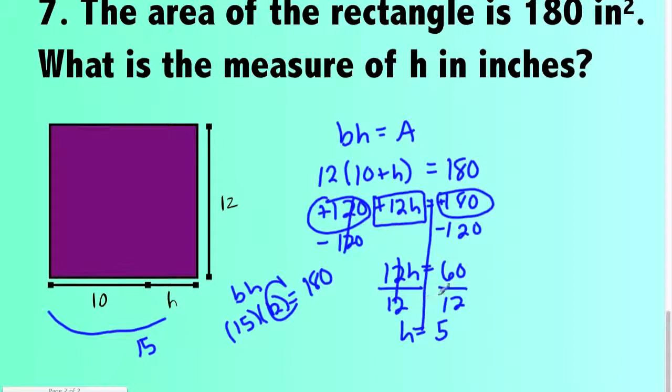We solved for h and found that it was 5. And 5 plus 10 is 15, and 15 times 12 equals 180. So that is correct. We would write this answer as h equals 5 inches, because it asks us to find it in inches. And that's how you find a variable using a figure or a shape.